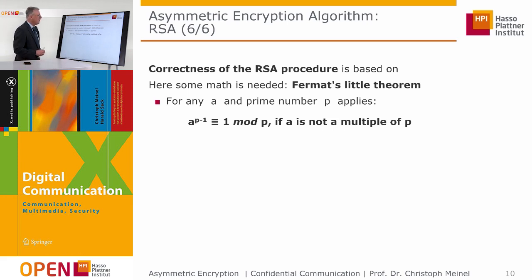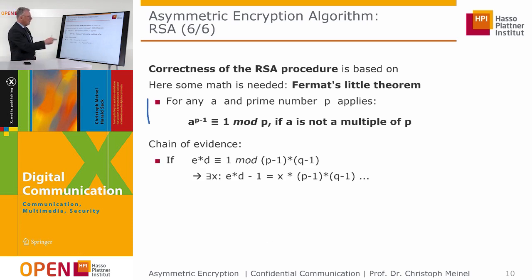This fact, Fermat's little theorem, says for any a and any prime number p, it holds that a to the p minus 1 is congruent to 1 modulo p, if and only if a is not a multiple of p.